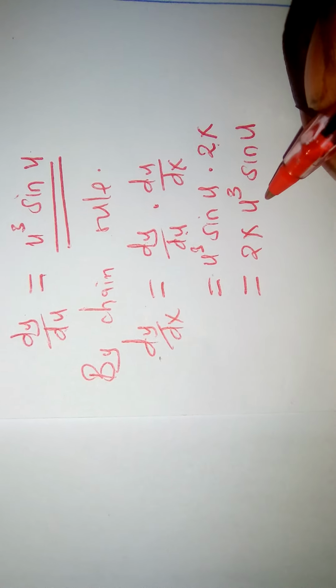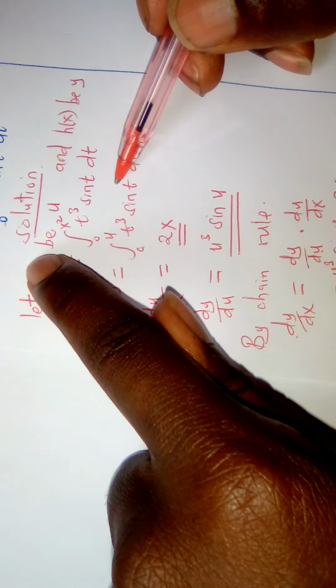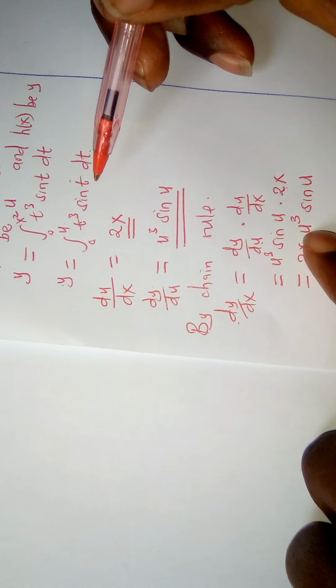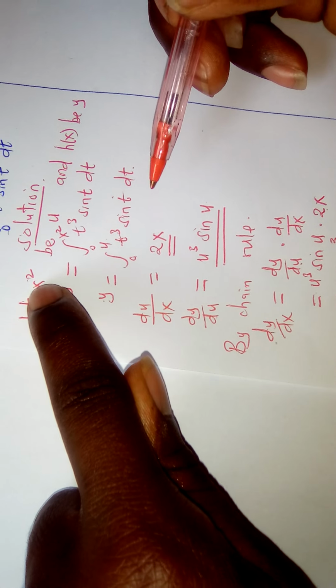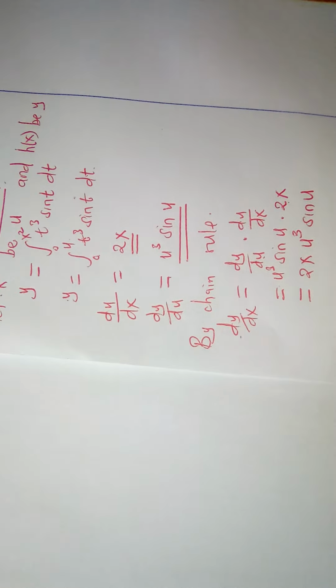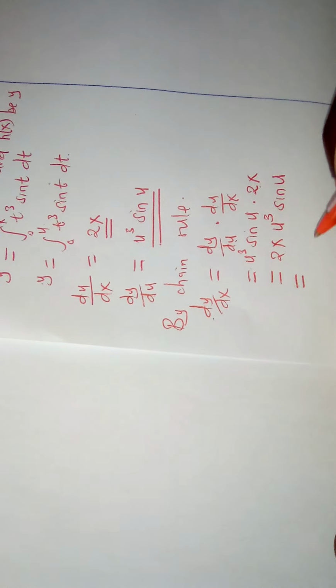Now after this, remember up here I said that u was x squared. So when I substitute u with x squared, I mean the same thing, because I want my equation to be with respect to x, but not u. So I'll come here now and substitute u with x squared.